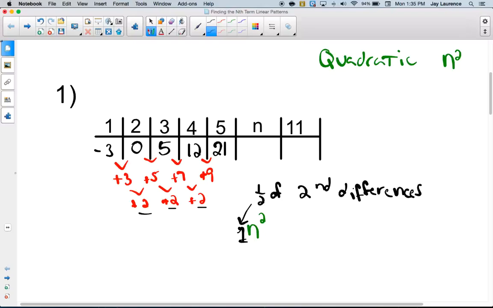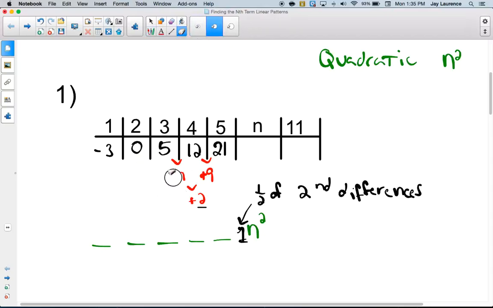Now I'm going to do my comparison line just like I did with the linear patterns. 1, 2, 3, 4, and 5. And just for purposes of teaching, I'm going to erase this work. I don't want you to erase your work. But just for the purposes of teaching, so it's nice and clear, and you can see what's going on, I will erase it.